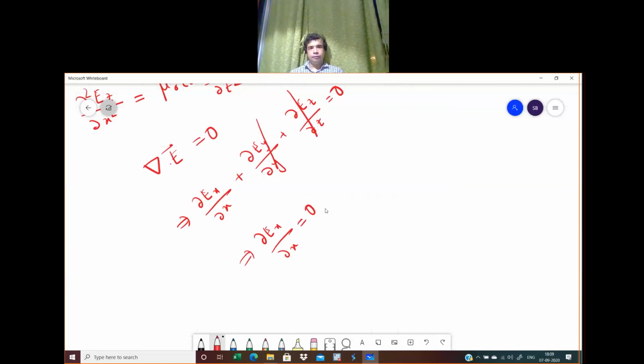Now, if this is 0, then of course this will be 0. If this is 0, then clearly this will be 0. There is no other possibility. This is the first point.